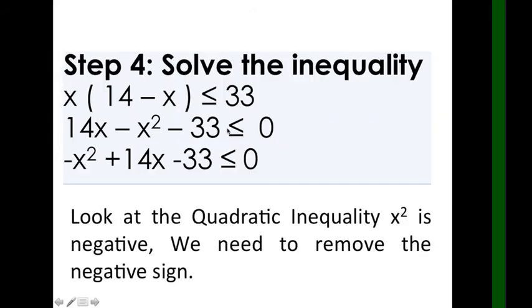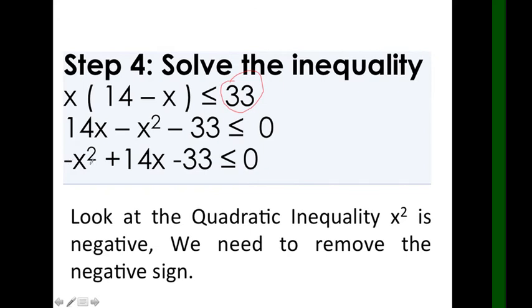To solve this one, we will multiply x times 14, that's 14x, and x times x is negative x squared, and then transpose 33, and it becomes negative 33, less than or equal to 0. And then rearrange this in decreasing order by exponent.